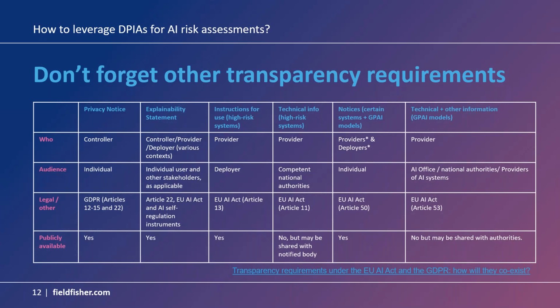And there are various other requirements, for example, the provider providing certain instructions for use and technical information to the deployer in order to ensure compliance with the EU AI Act. Various other requirements as well in relation to general purpose AI models, and notifying individuals that they are interacting, for example, with an AI system so that they are aware of that.